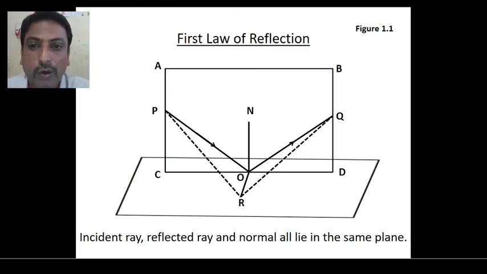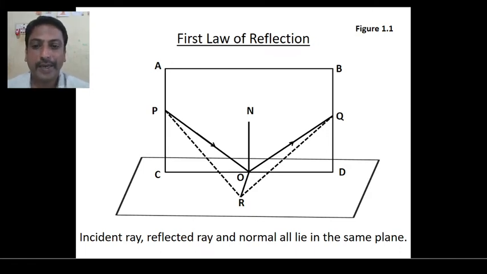As we all know, reflection is the phenomenon where a ray of light is made to be incident on a surface and it gets reflected back to the same medium. The same thing is illustrated in this figure 1.1 where we have a plane mirror on which a plane ABCD is held perpendicular.